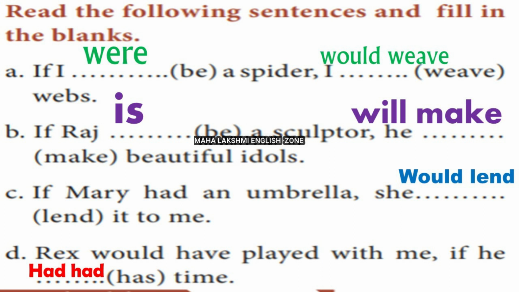Rex would have played. Would have played is the past perfect form of the main verb, no? Main clause. So our if clause will have the past perfect tense. So the verb given in the bracket is has. So the answer will be had. Here why have we written two had? Had plus would have played we have given, no?